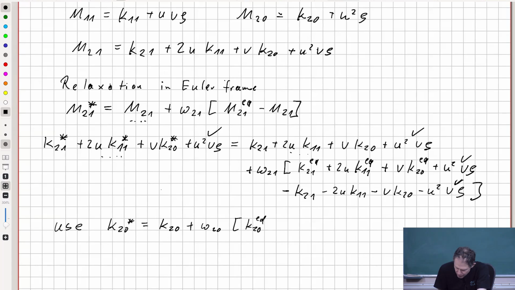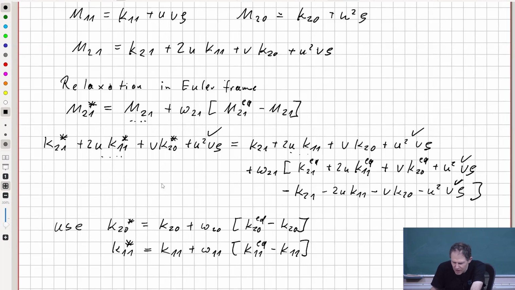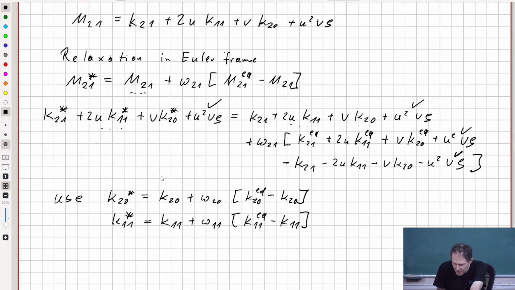K20 equilibrium minus K20. K11 after collision is K11 plus omega 1 1 times K11 equilibrium minus K11.